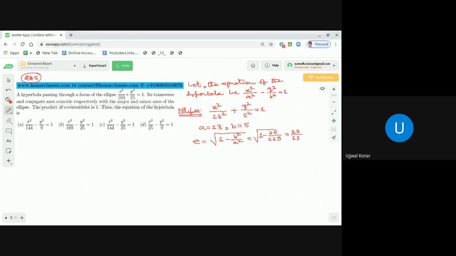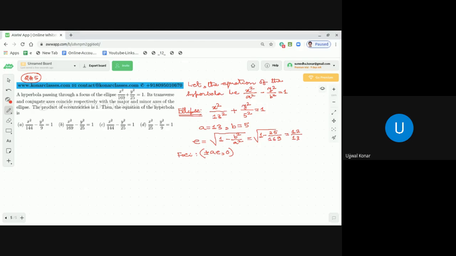So what is the focus then of this ellipse? In fact, we should write foci because it is plural. That is plus minus ae, 0. If you recall, that is plus minus ae, 0. Now we know the value of a, that is 13, and we know the value of e is 12 by 13.